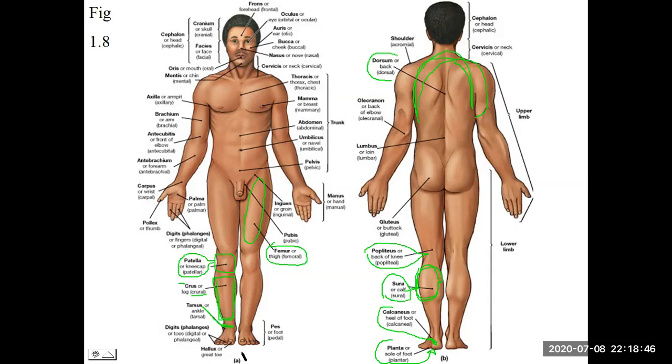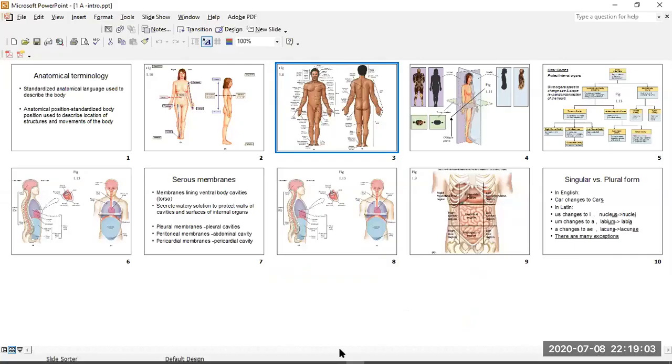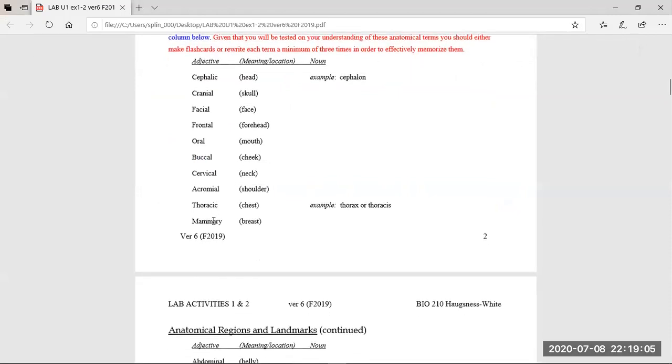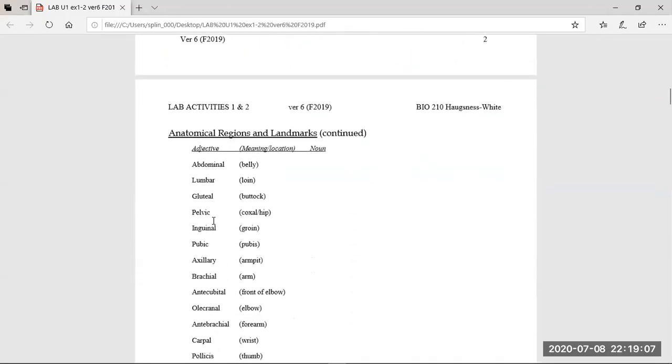And our large medial toe, the term is hallux. So that takes us through the list here.